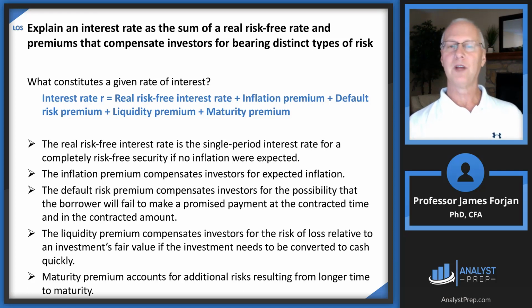But if one of my sons came to you as an early teenager and said, hey, can I borrow $100? You're going to say, now wait a minute, you're 14 or 15 years old. How are you going to repay me this? I'm going to charge you something more than I would charge your father. Default risk premium compensates investors for the possibility that the borrower will fail to make those payments.